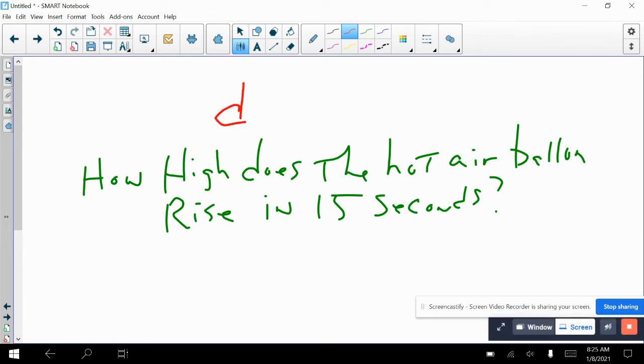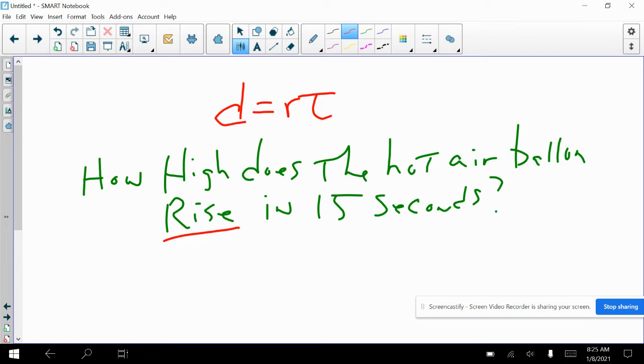How high does the hot air balloon rise? From the ground up, that's distance. So we're still using this. Now, hopefully, you're asking yourself something. Do you have enough information? No, you do not. What do you need? You need the rate.